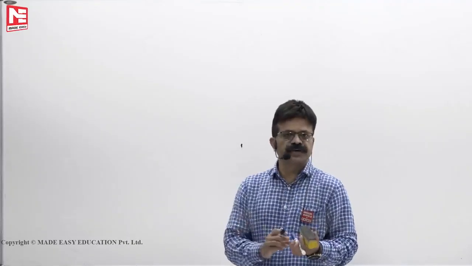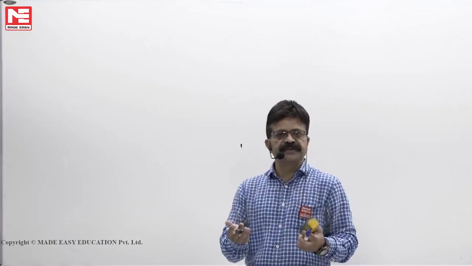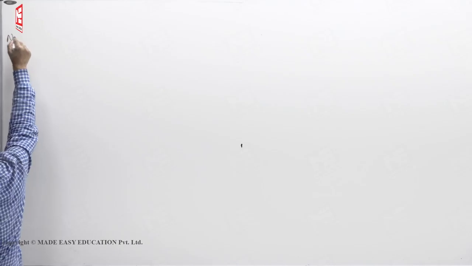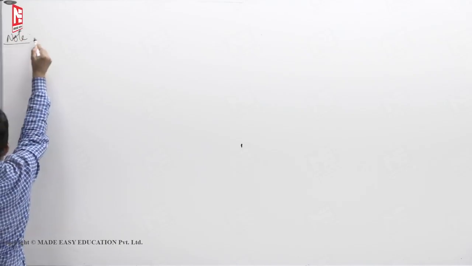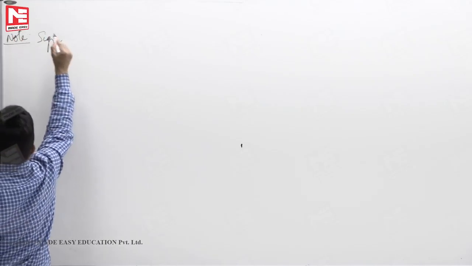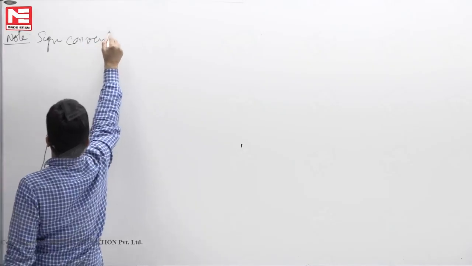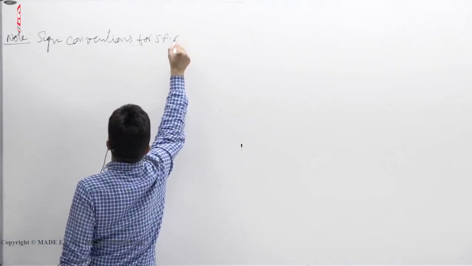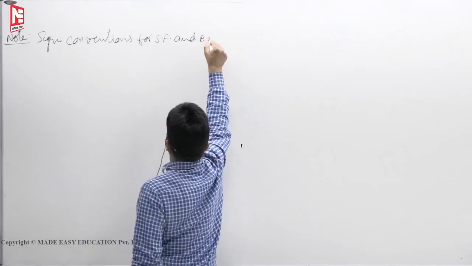Now, before we draw influence line diagrams for bending moment, let us see what sign conventions we followed in strength of materials. Briefly I will review and go back to that. So, this is what you have learned in SM. Sign conventions for shear force and bending moment.